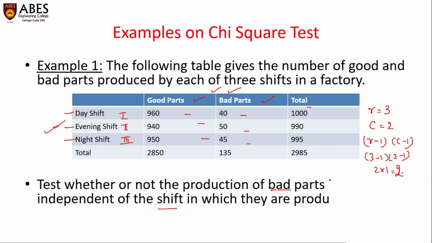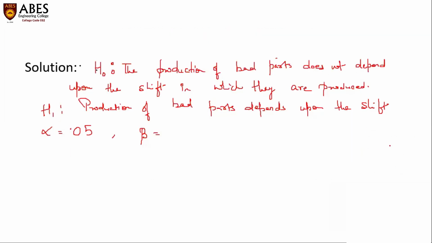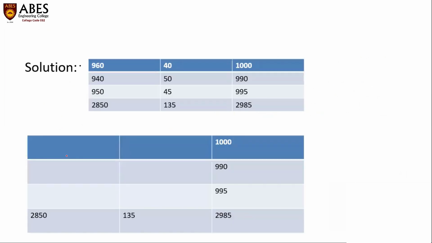Right? And therefore the degree of freedom here will be equal to 2. Right? Now, this is the data given to us which will serve the purpose of OI, and for finding EI we have to construct the contingency table.